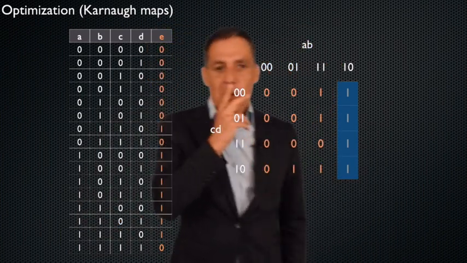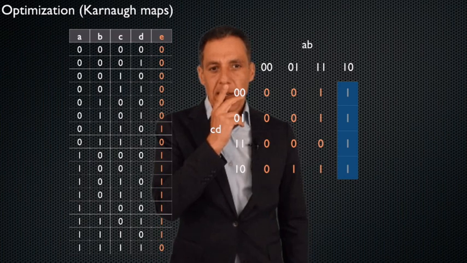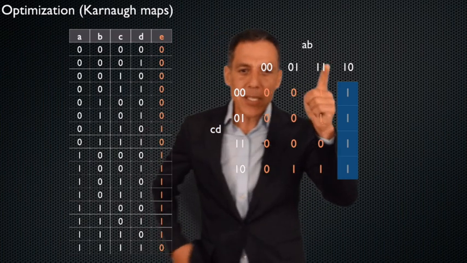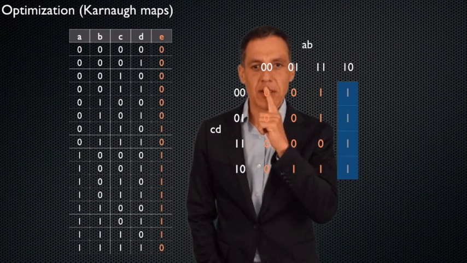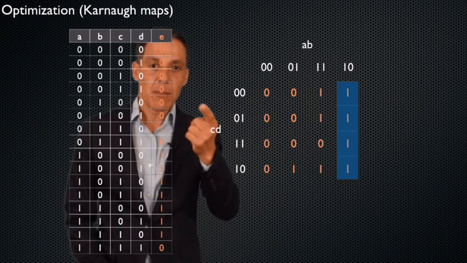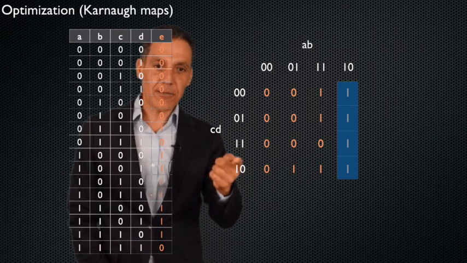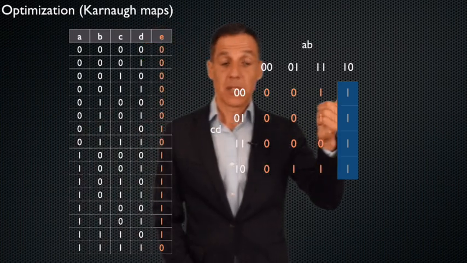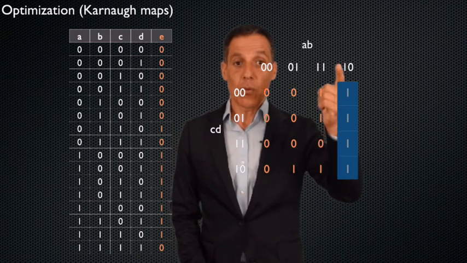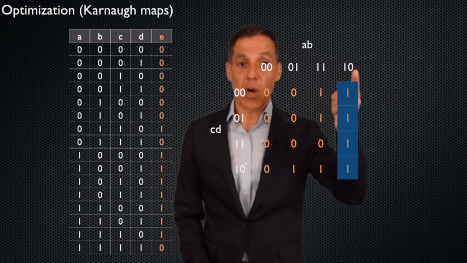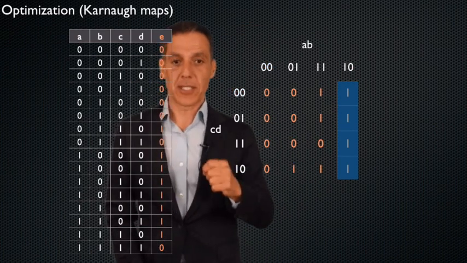For a 1 to be here, do I care what the value of C or D is? No. Because notice, no matter what pairs of values C or D are, this thing is a 1. And in fact, it's a 1 when A is 1 and B is 0, no matter what the value of C and D are.